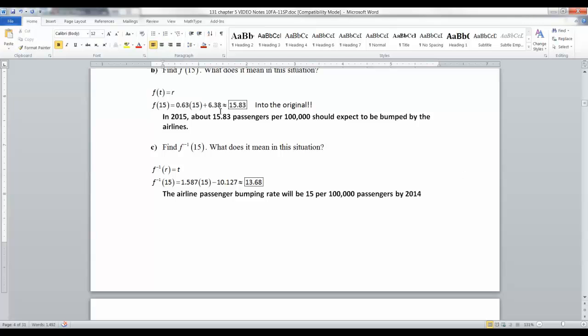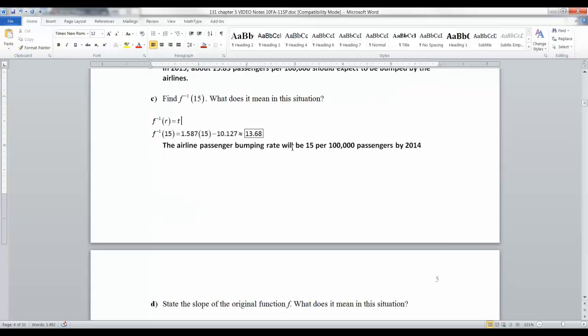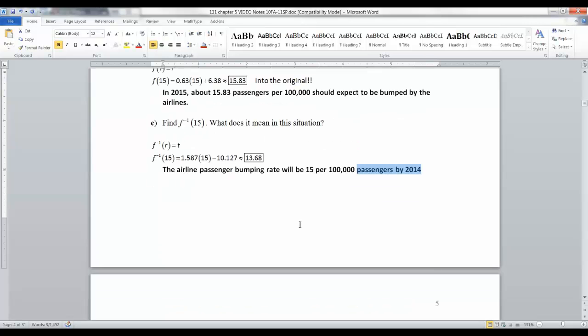See the difference? So this one up here took 15 for years and gave you rate. The inverse takes 15 for the rate and gives you back the years. They're inverses of each other.